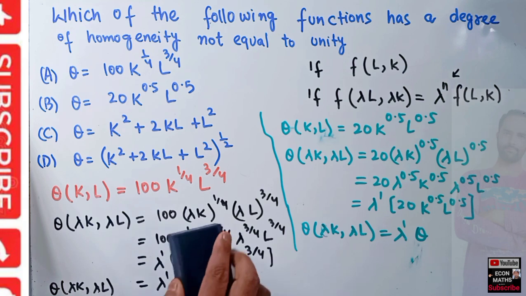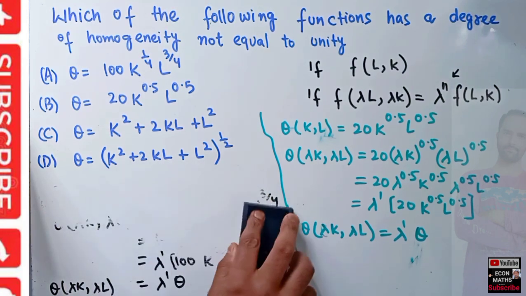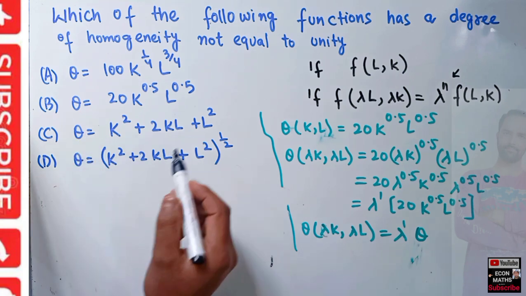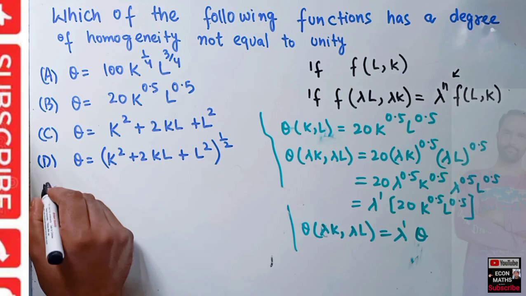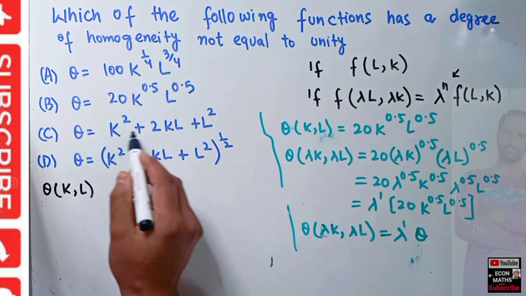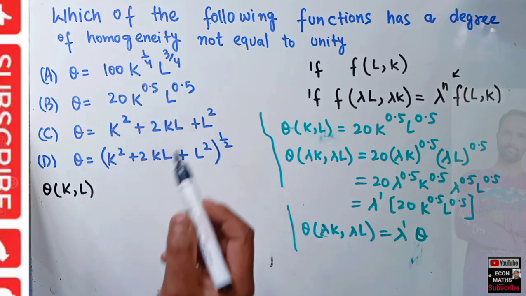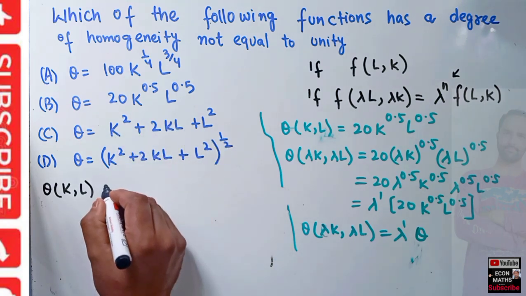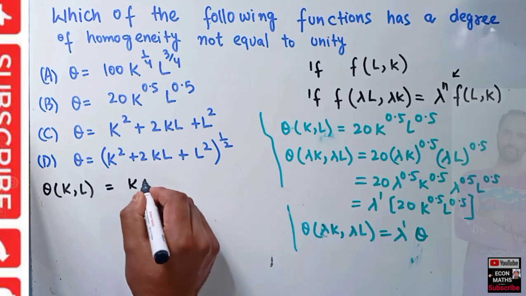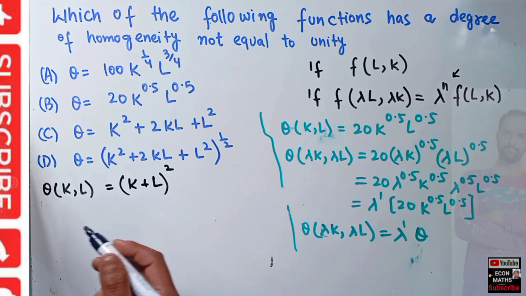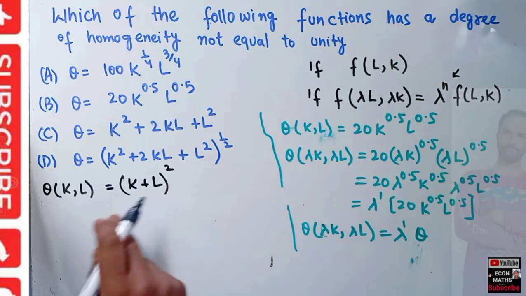Now let's take the case of the third function. Let me write it here: Q(K, L). Here, if you can see, it is a squared plus 2ab plus b squared, so it is of the form (a plus b) whole squared. So I can write it as (K plus L) raised to the power 2. Simple mathematics here.